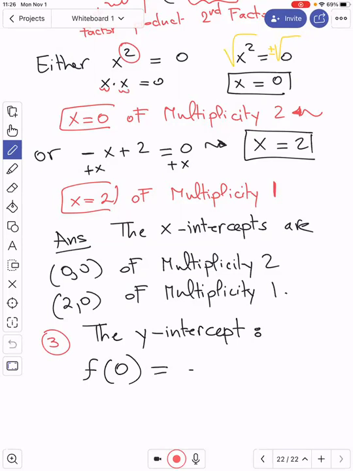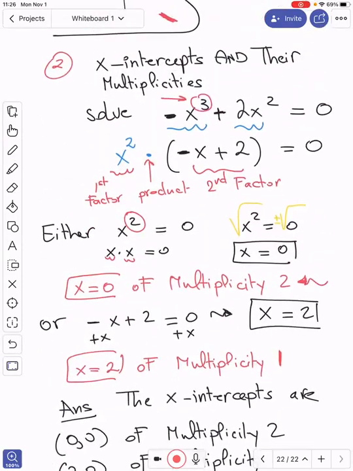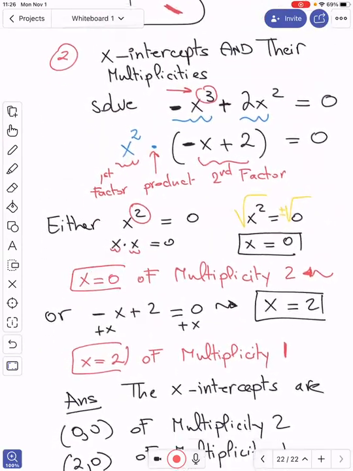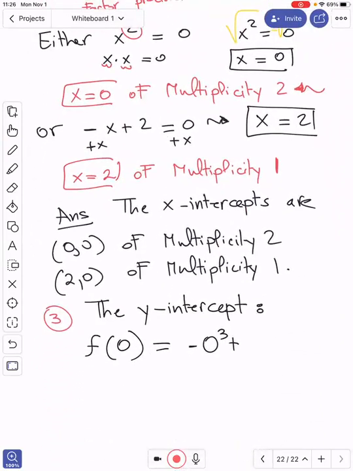So that's minus 0 cubed plus, what was it, plus 3, I think, or plus 2, sorry, plus 2 times 0 squared, which is, of course, everything is just 0.